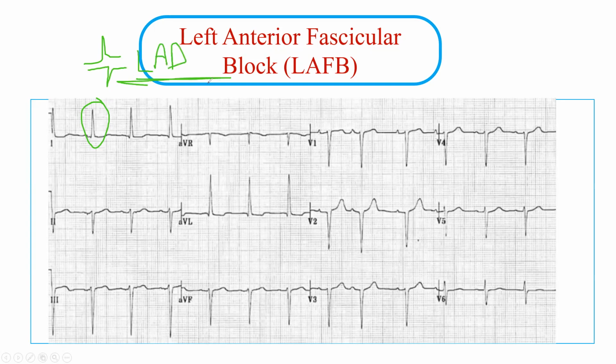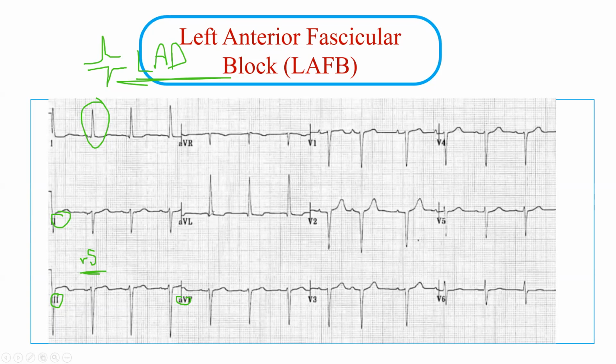And whenever you have a left axis deviation, you have to ask yourself, what's causing this left axis deviation? Let's see here. If we look at lead 2, 3, and AVF, we can see there is a small R wave and a deep S, right? This is small r capital S. And if we look at the lateral leads, which are lead 1 and AVL, we will see the opposite.